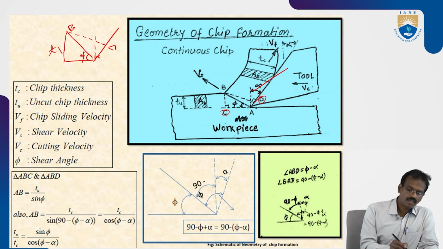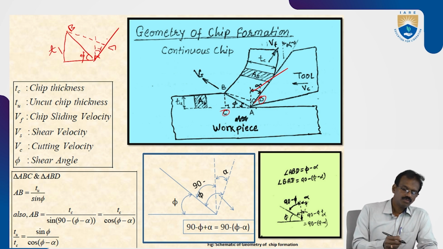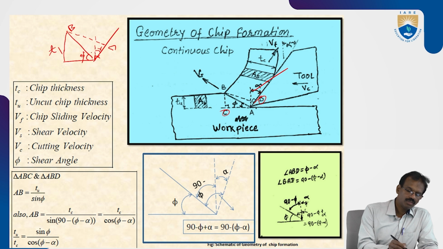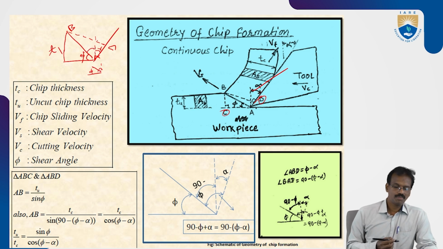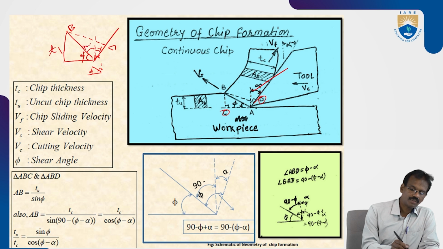This is the reference to the rake surface, that is the rake angle. This side and this reference line are 90 degrees. This angle is equal to phi, so then this is 90 minus phi.